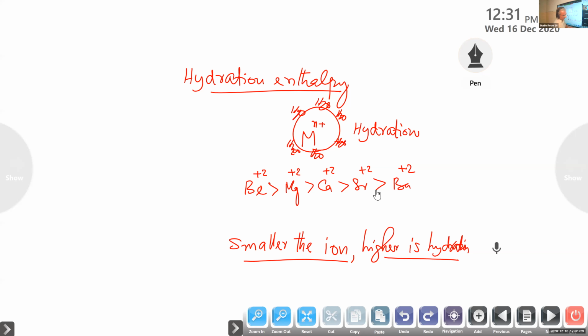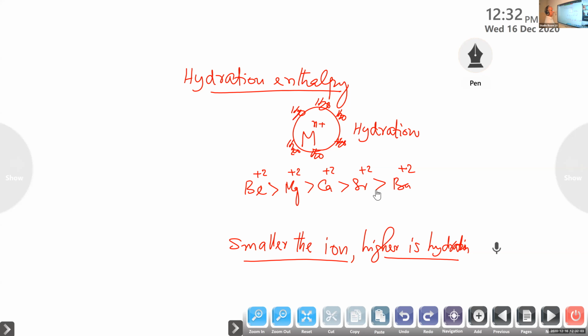So hydration enthalpy increases as Be plus 2 greater than Mg plus 2 greater than Ca plus 2 greater than Sr plus 2 greater than Ba plus 2. So that is depending on the size of the ions. As mentioned, smaller the ion, higher is the hydration, higher is the hydration enthalpy also.